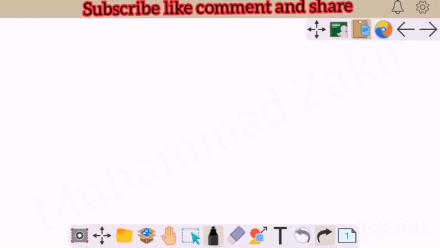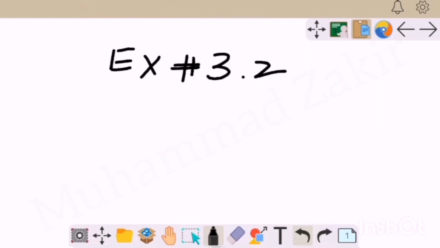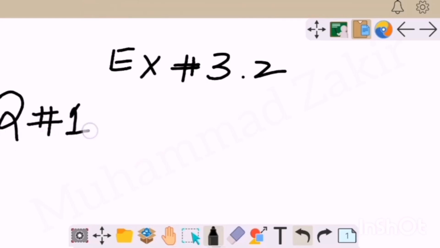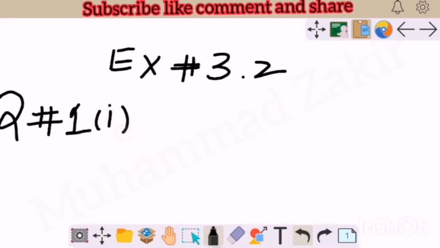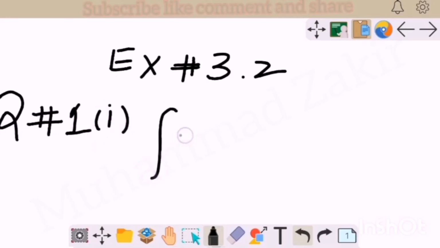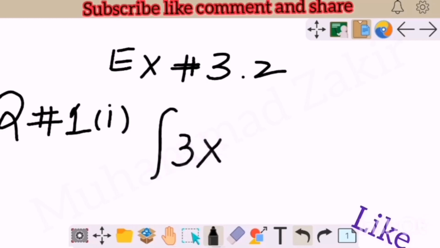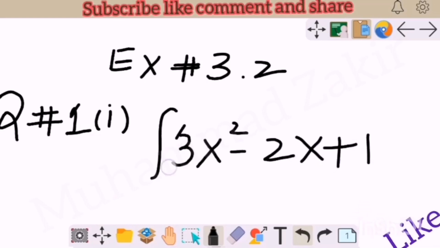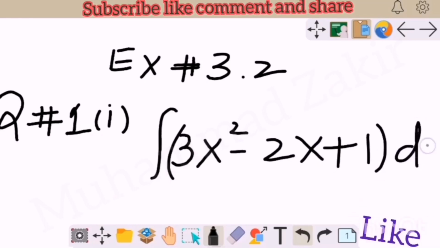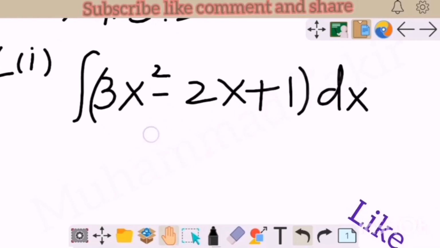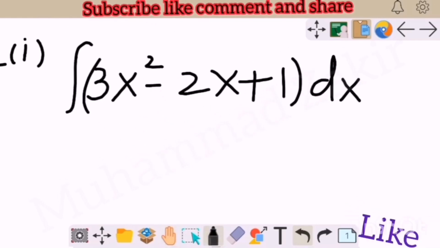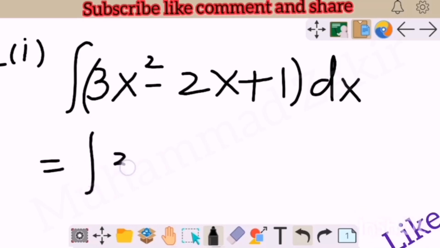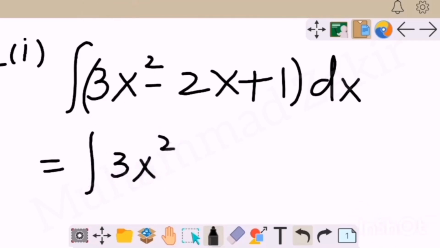Exercise 3.2, question number 1, part 1. It is integration of 3x square minus 2x plus 1. This is the simplest question of integration. We can shift this integration sign to each one of them.